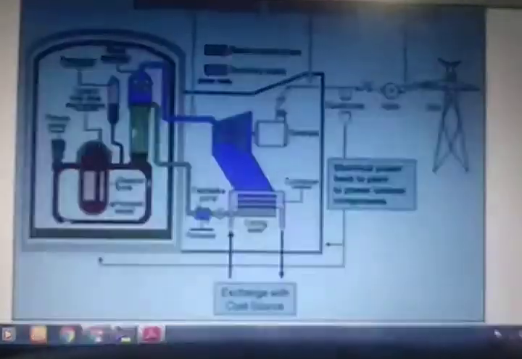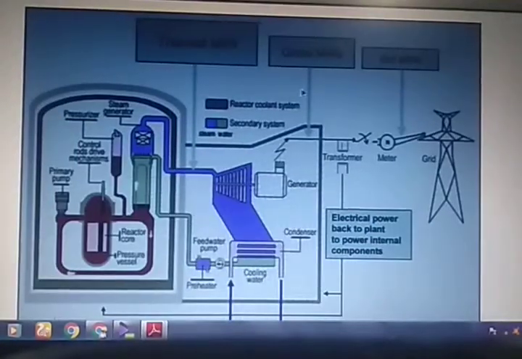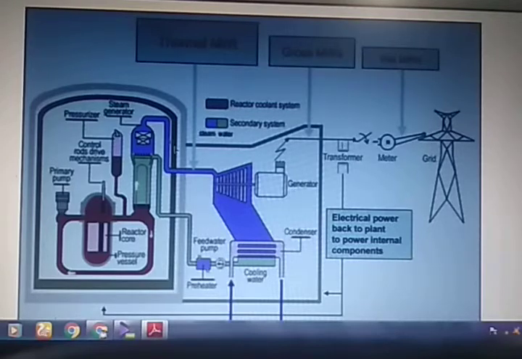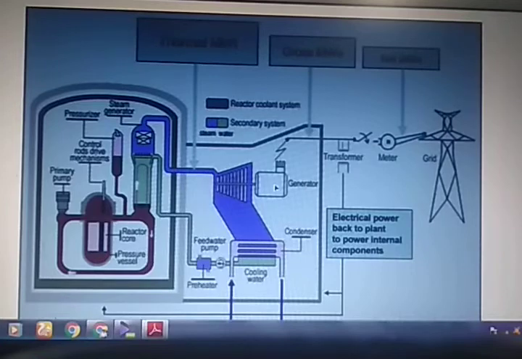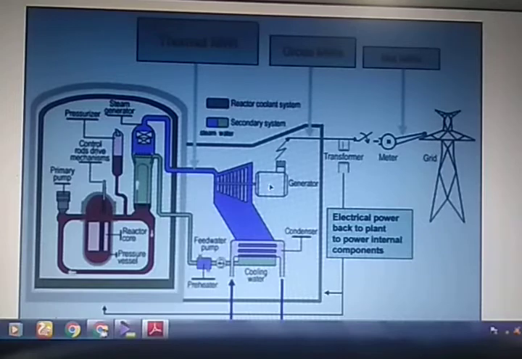See in this diagram, this gross MWE is this portion. The generator is operated by this superheated steam. Superheated steam is used as a fuel to run the generator.